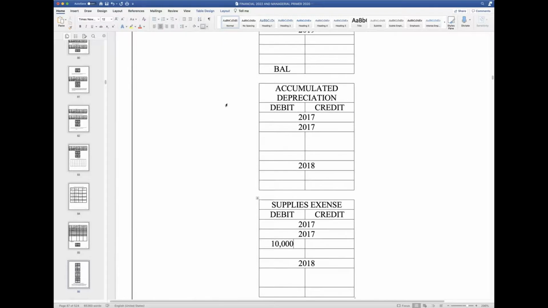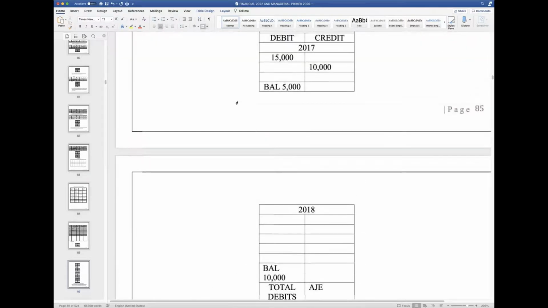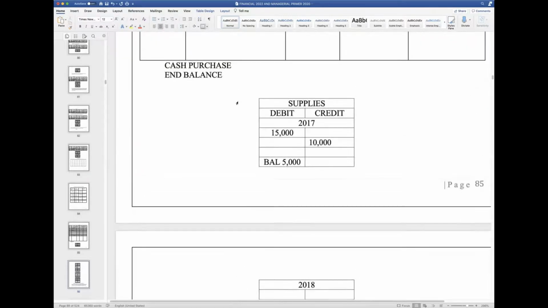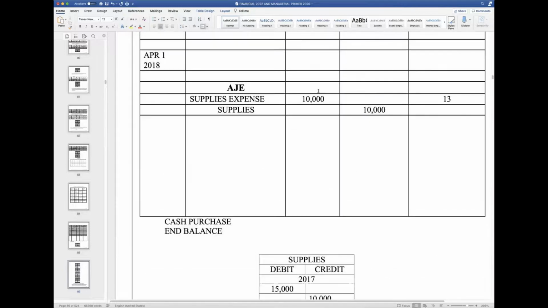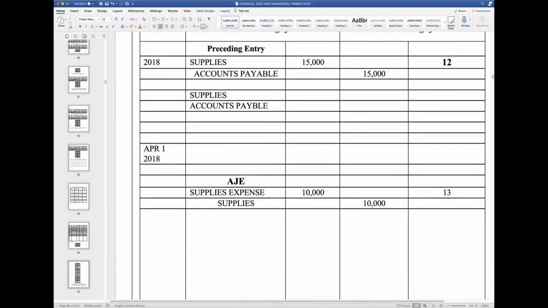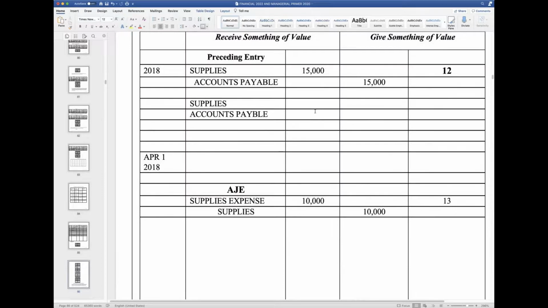Okay, where do you want to go to? The AJE. Yeah, right there. Thank you. And can you go up just a little bit so I can see how the journal entry is actually put in? Thank you. You're welcome.